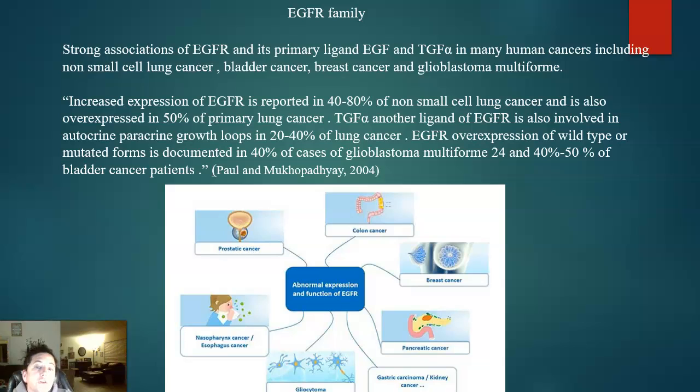So these strong associations that I had mentioned with the EGFRs and its primary ligands, the EGF and TGF alpha, are expressed in many human cancers. And as I mentioned, that's lung carcinoma, bladder cancer, breast cancer, and glioblastoma. So I'm just giving a little bit of statistics here according to Paul and Mukopade.